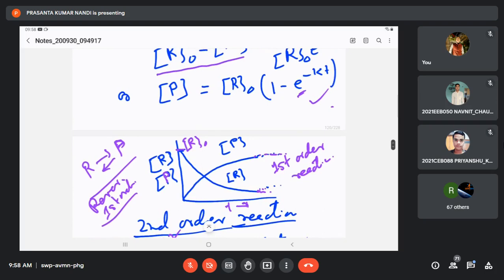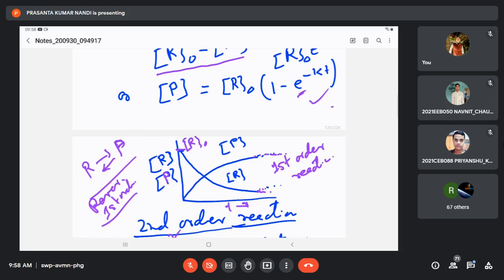Now, if we allow the reverse reaction, where the forward reaction is first order and the backward reaction is also first order, then we call this kind of reaction a reversible first order reaction. That is R to P, reactant to product formation, follows first order kinetics, and the backward reaction, product to reactant, also obeys first order kinetics.